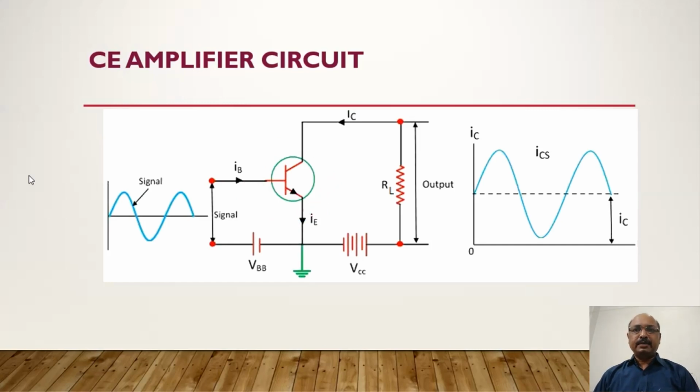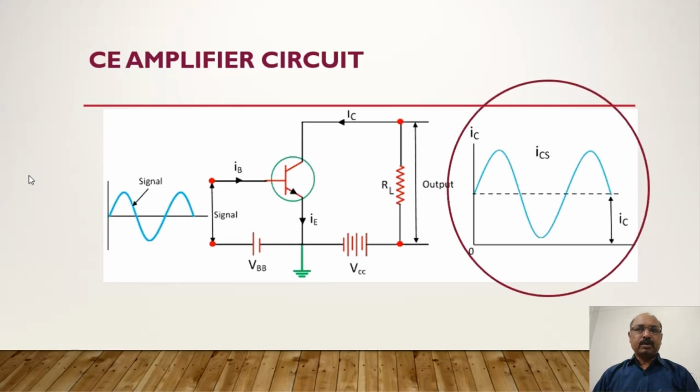Once we apply the DC voltage source to the BJT, the currents and voltages are established in the circuit. And after biasing the BJT in the active region, if we apply a sine wave as an input, then we should get the amplified signal at the output.